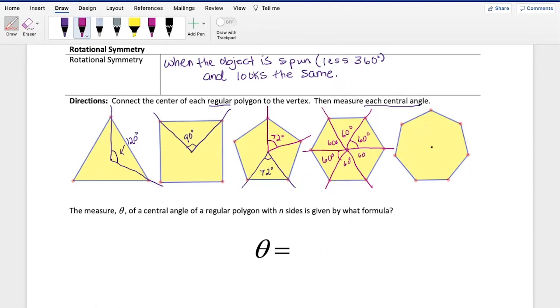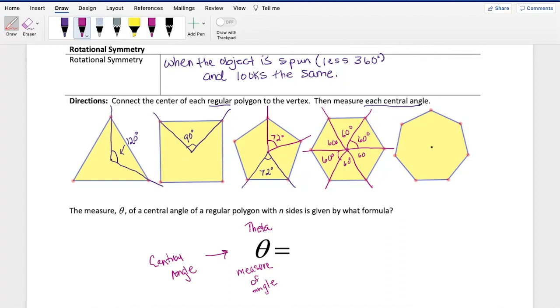The measure, this is actually theta, the Greek letter theta, and that represents the measure of an angle. And in this case, we're talking about our central angle. A lot of Greek letters used in mathematics.